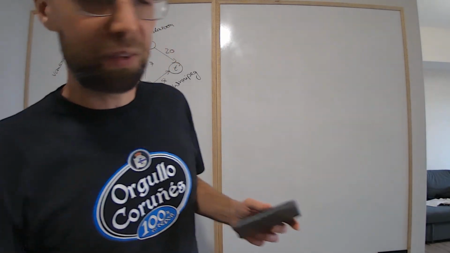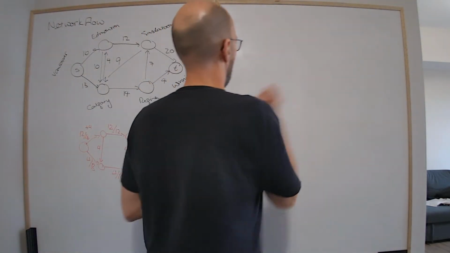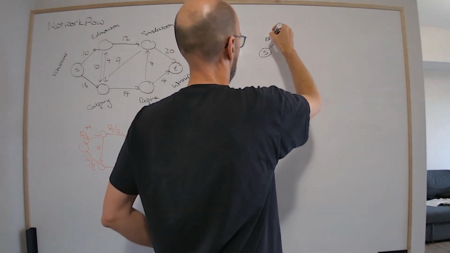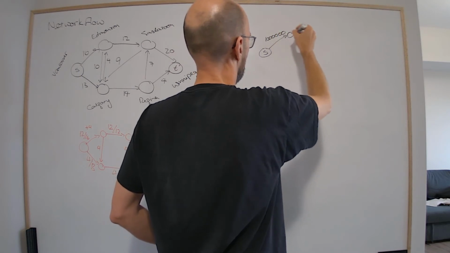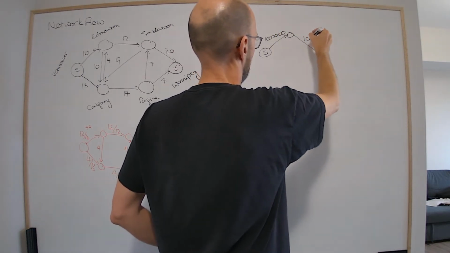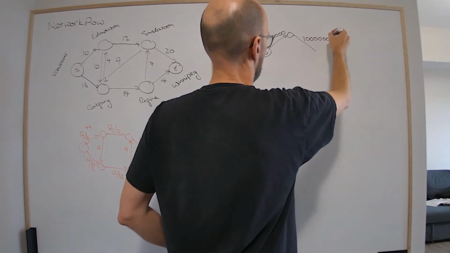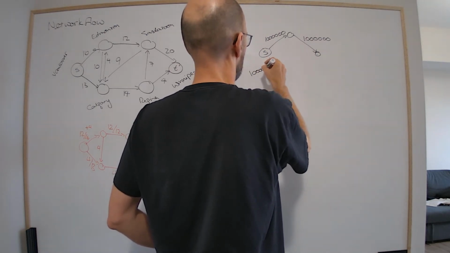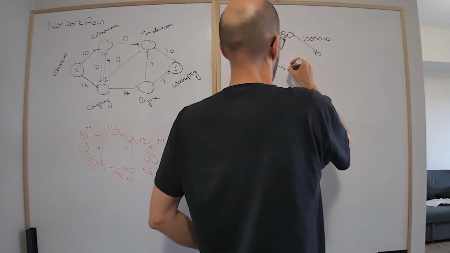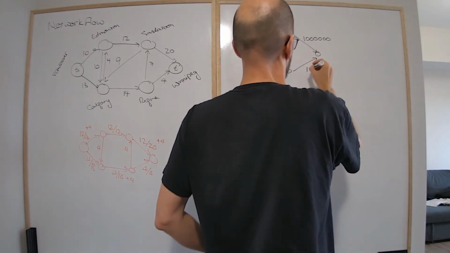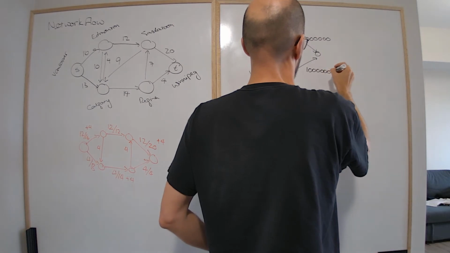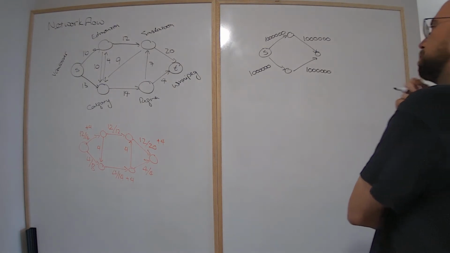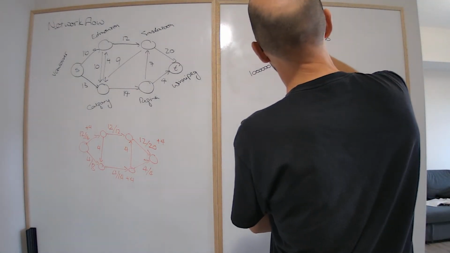The problem is if you do this carelessly, what you can have is you have S, and you have a capacity of 1,000,000 and a capacity of 1,000,000. I think this is also in the book.